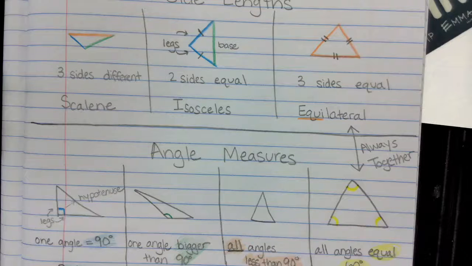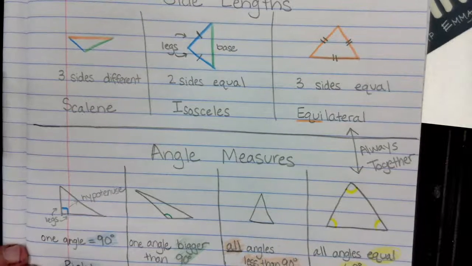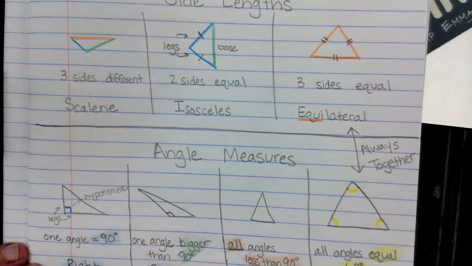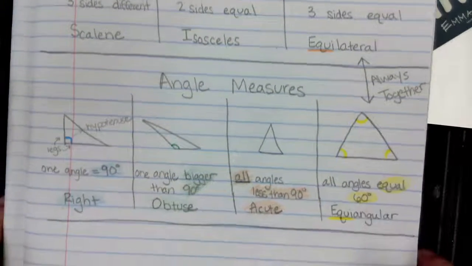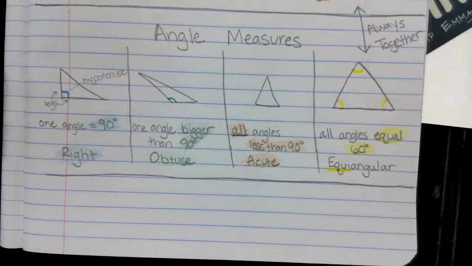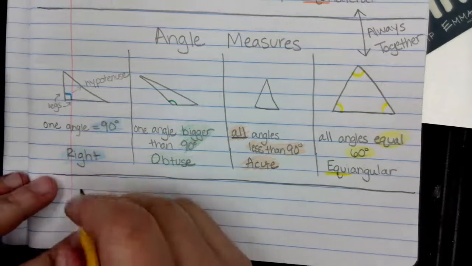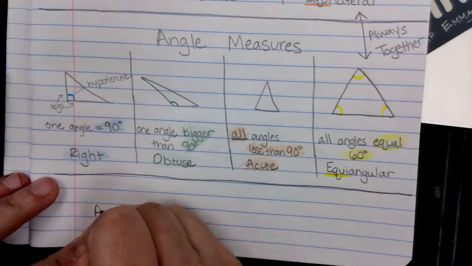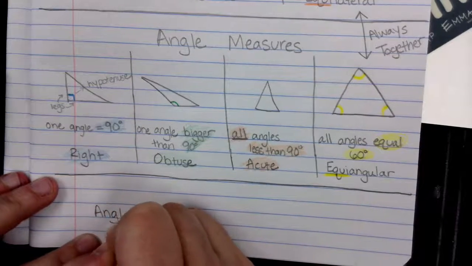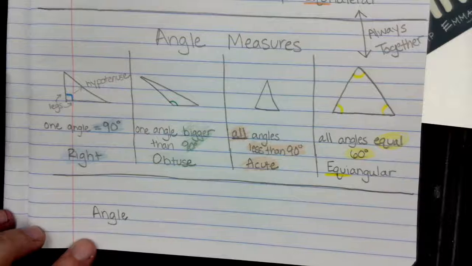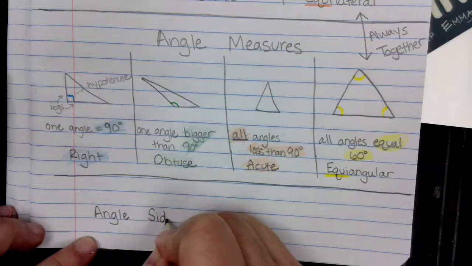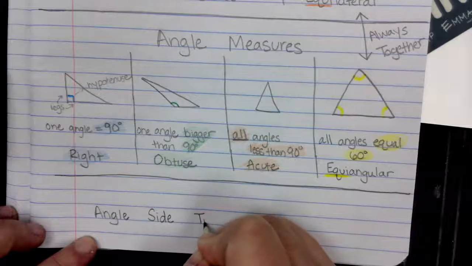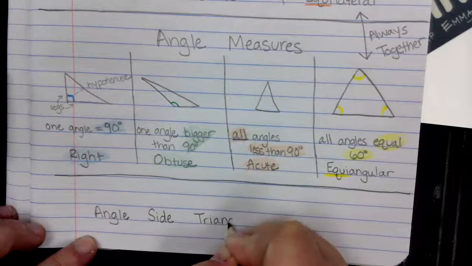All right, when we classify angles or triangles, this is the last part that we're going to write in our notes. We always do the angle classification, and then we do the side classification, and then we say the word triangle. So it always goes angle and then the side, then triangle.